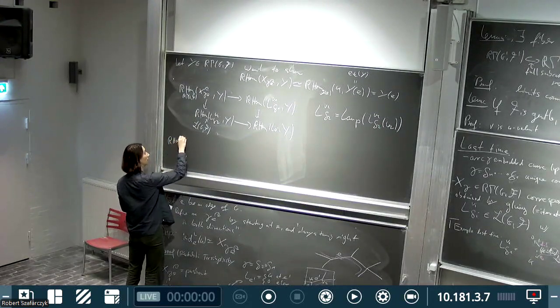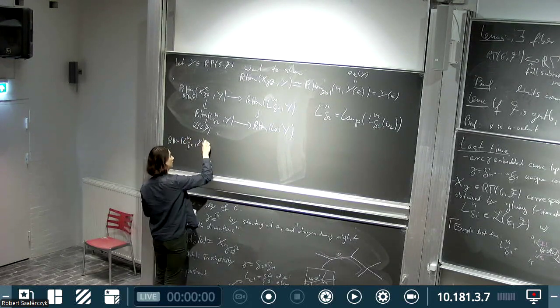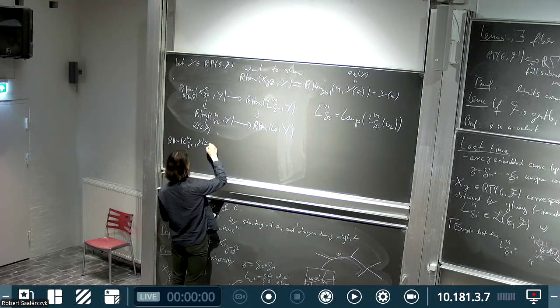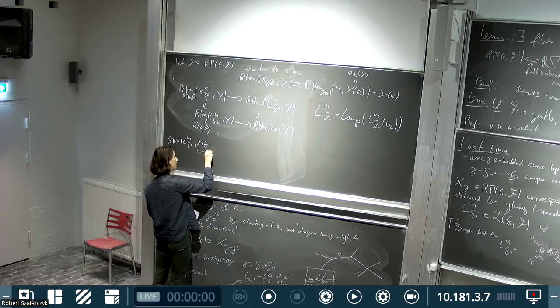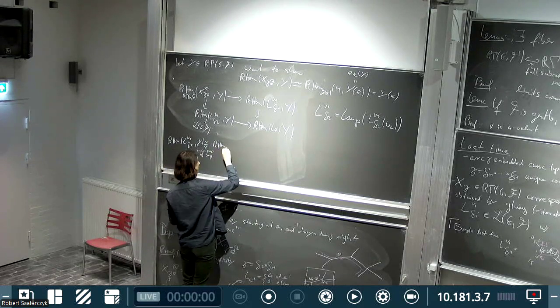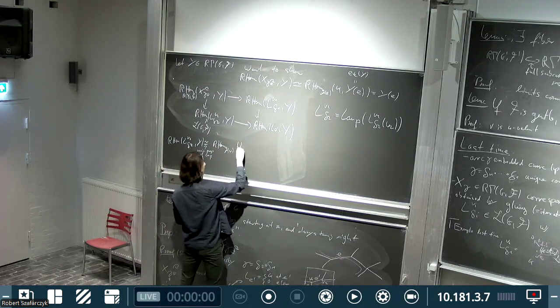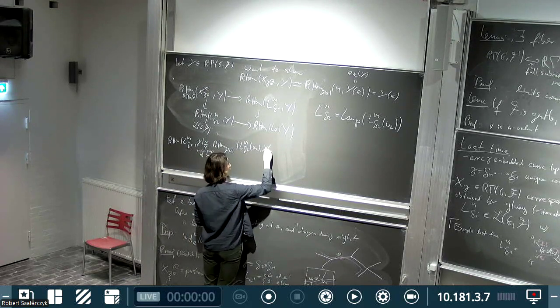R hom from L V2 delta 2 to y is now equivalent, by the Kan extension universal property, to the relative Kan extension, the R hom in F of V2 from L V2 delta 2 of V2 to y of V2.